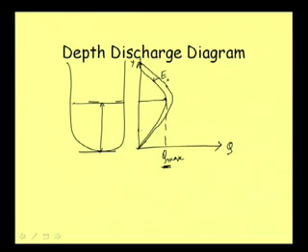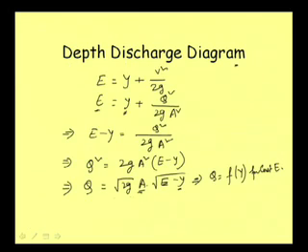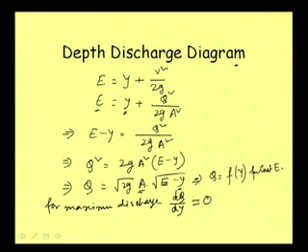Let us see here itself. We have already got one expression, that is q is equal to root over twice g a into E minus y. Now, what will we get for maximum discharge? dq dy should be equal to 0.